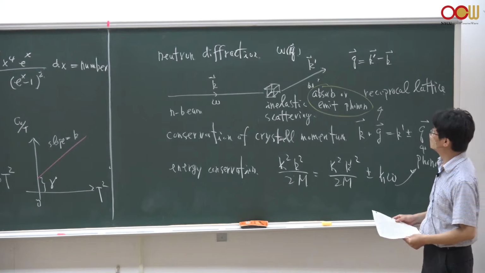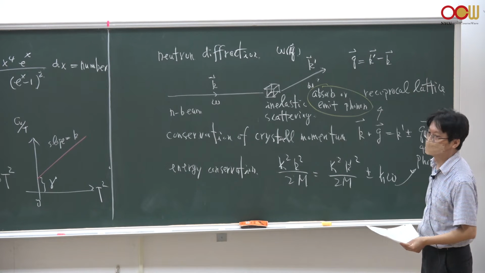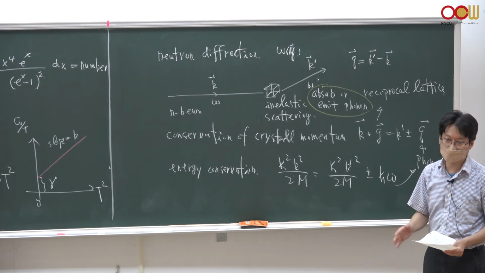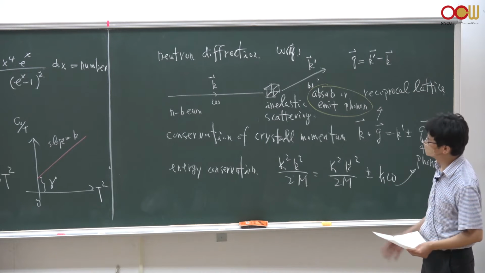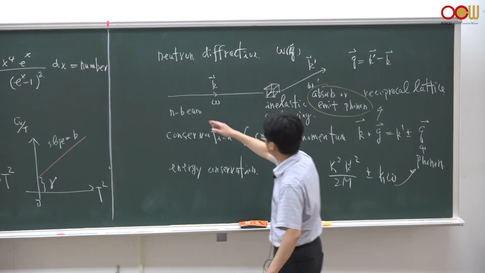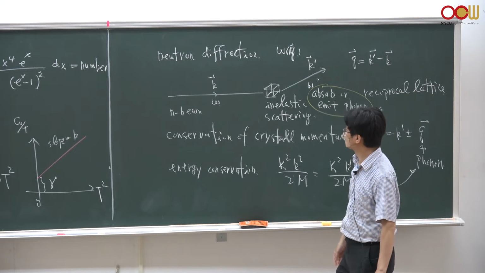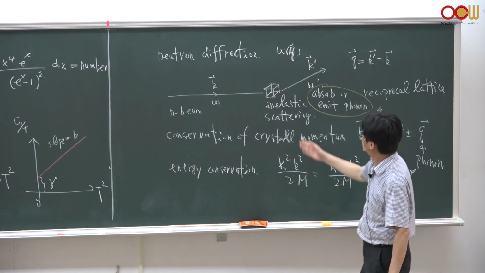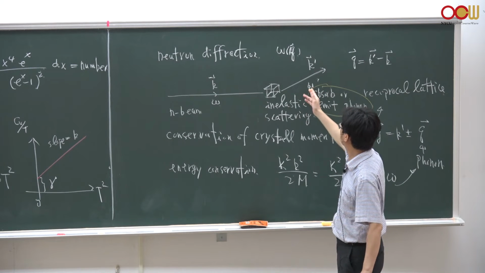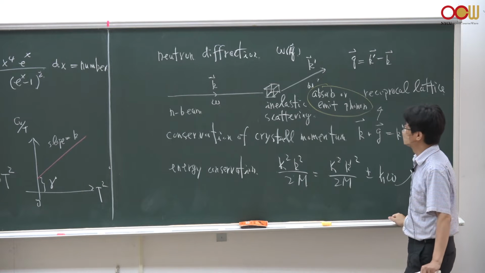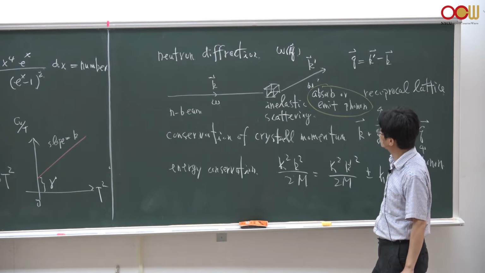So how do we measure the dispersion relation for phonon modes? As we mentioned already, neutron scattering is one possible way. The neutron beam carries frequency omega and momentum k, hits the target, and gets scattered by the electrons and phonons inside this material.